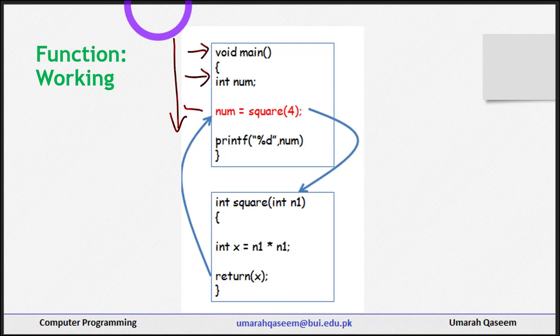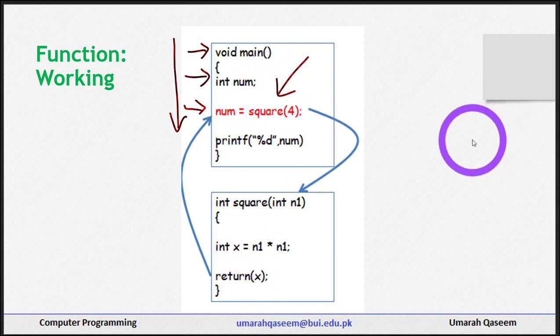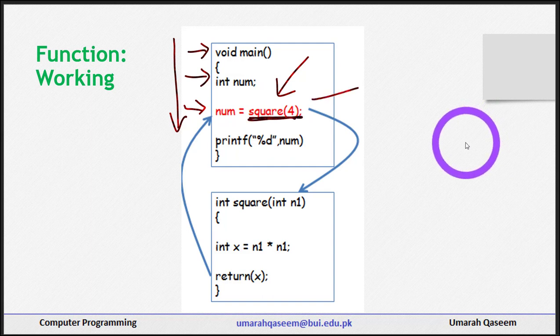You can see a function call right here. This function is called on the third line of the program. The function name is square, and we have defined that function somewhere below in the program. Now what happens is, when this function is called at this particular point in the program, this program stops right here. It is paused.